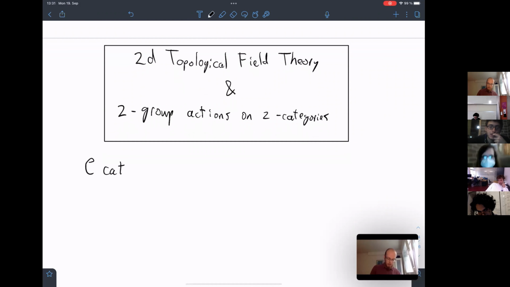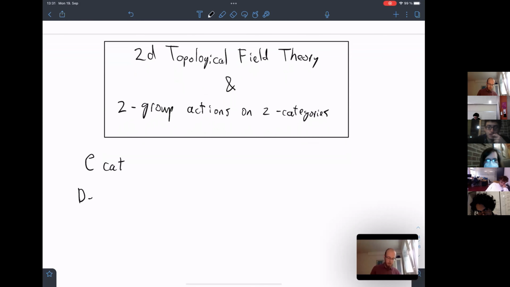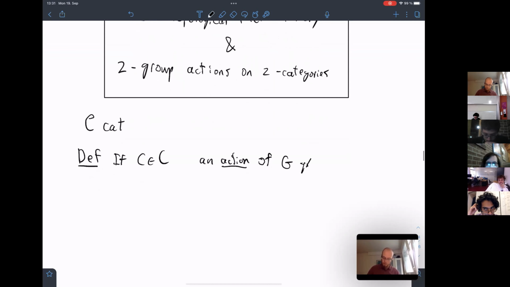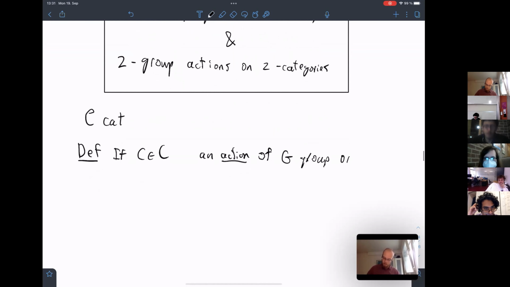So let C be a category. And I want to talk about actions. So let's first start with C just being an object, then an action of a group G on C is just a group homomorphism.